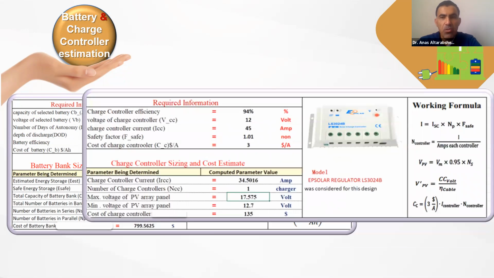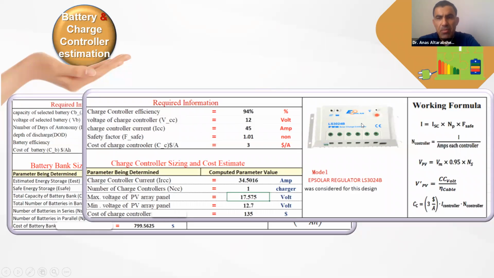Right now, the charge controller. The charge controller is very simple here. Once the charge controller deals with the 12 volt, you can use it easily. But please try to find the highest efficiency available in the market. Keep in mind that this current should be greater than the current that can be generated from the PV module, just to protect the device.